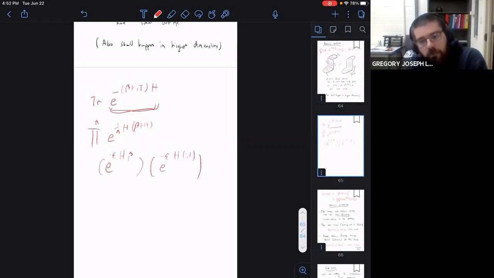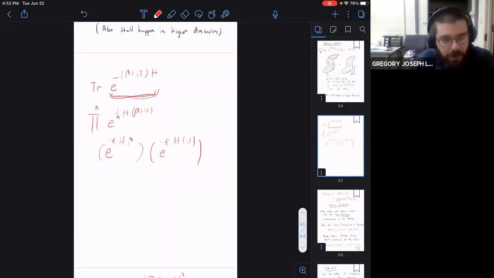So we can think about partitioning this exponential up into parts which are purely Euclidean evolution and purely Lorentzian evolution. And we get the path integral by inserting complete sets of states in between each of these little partitions. Because there's all these different ways of partitioning up the exponential, we can get different path integrals. But they're all going to give the same answer. Very good. Thank you.